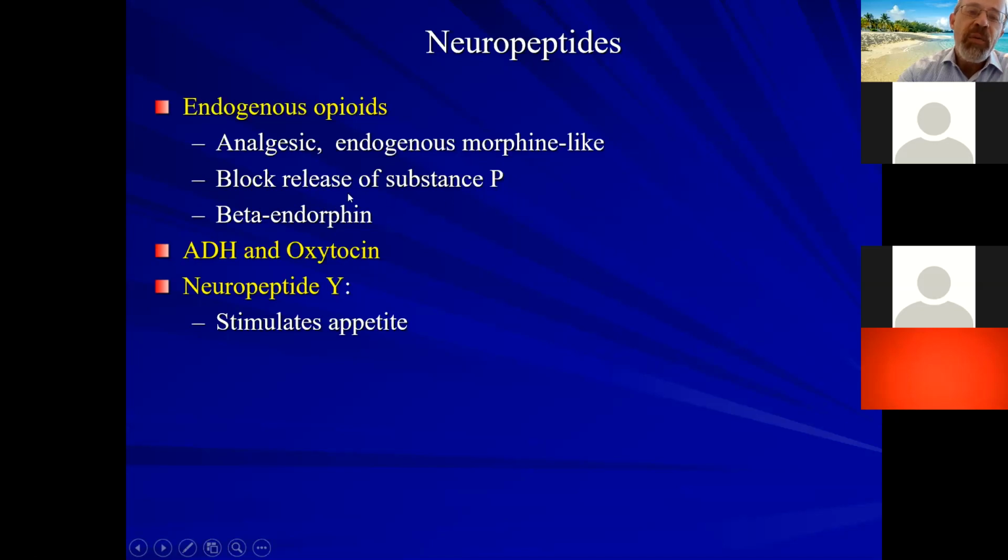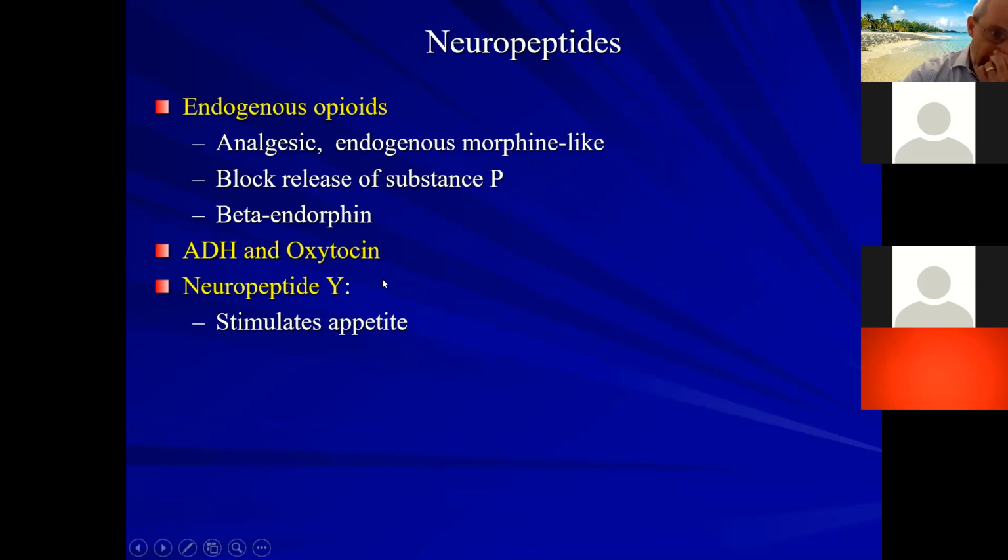If you've ever noticed, when someone has the runner's high or whatever, they don't feel anything. They're almost euphoric. It has an analgesic effect, reducing pain and also giving you a sense of well-being. We actually have opioid receptors in our brain. ADH and oxytocin.